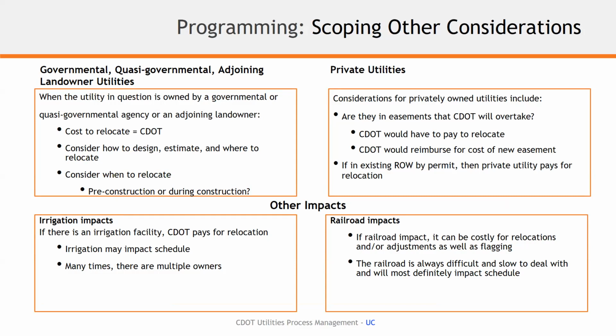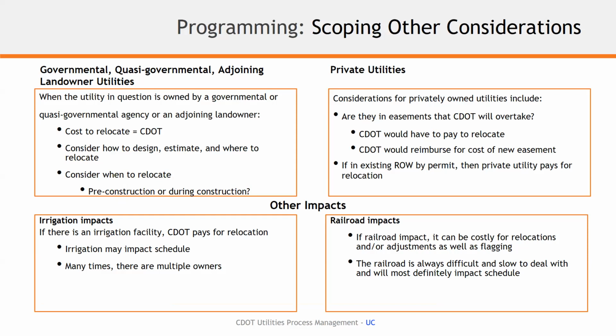A district, or, yeah, a development district, or there are other quasi-governmental statutes that define what a quasi-governmental agency is. Most sewer districts are included, so they would be eligible for relocation costs that CDOT would be on the hook for, and then consider how to design and estimate where to relocate.